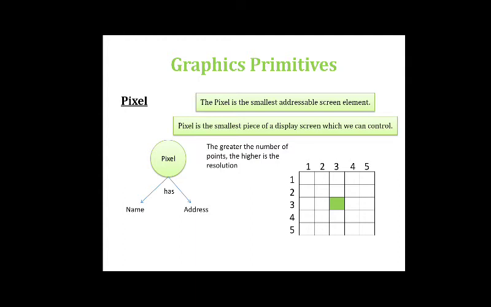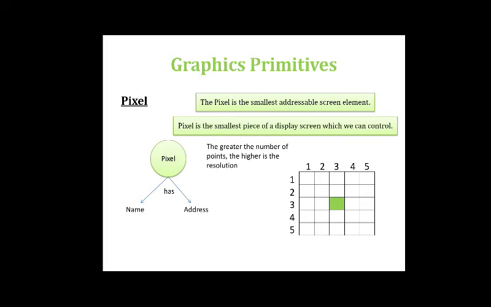Again, the resolution is made up of the pixel size, right. Computer graphics images are made by setting the intensity and the color of the pixels which compose the screen. Whenever I want to control one pixel, I change the color of that pixel and set its intensity, that is, what the color intensity of that pixel will be.